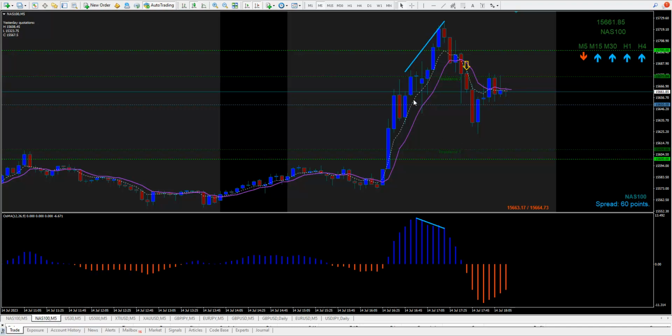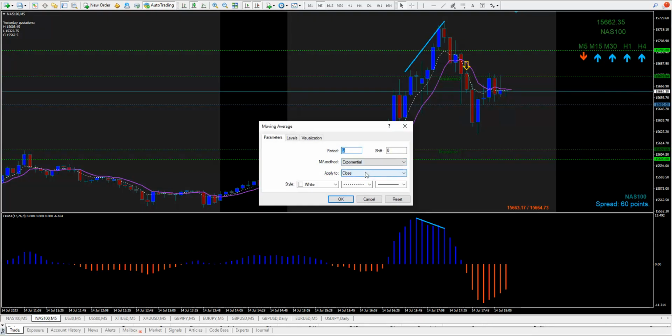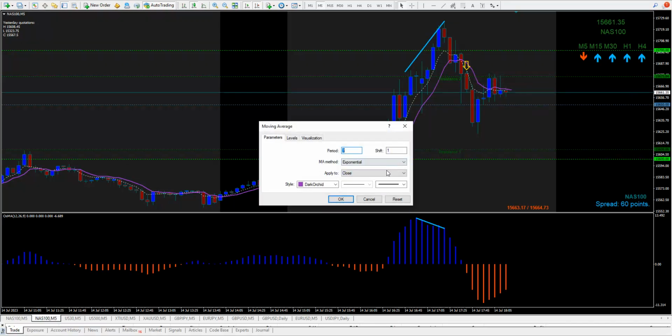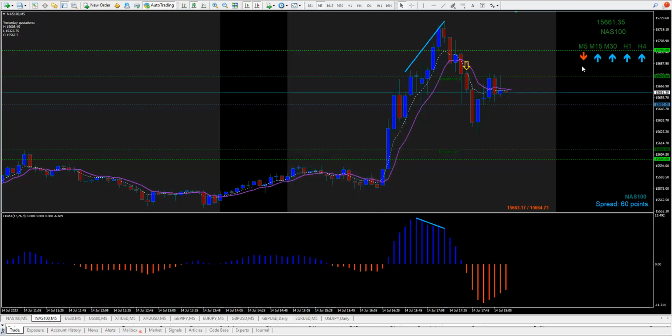The 5 EMA on the close and the 7 EMA with shift 1 on the close. That's what this is all based on.